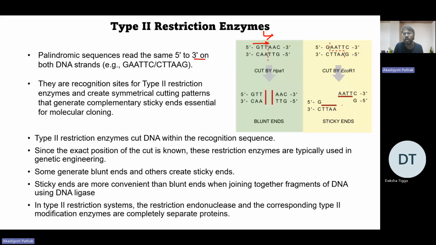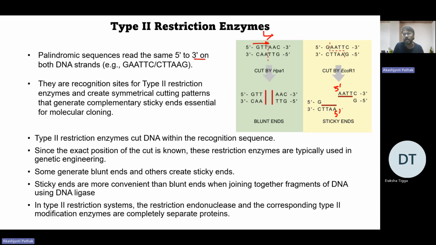Once it makes this cut, you are getting a 5 prime overhang, isn't it? So one of these strands will have this AATTC and the other strand a short G. Now these are called the sticky ends. Why?